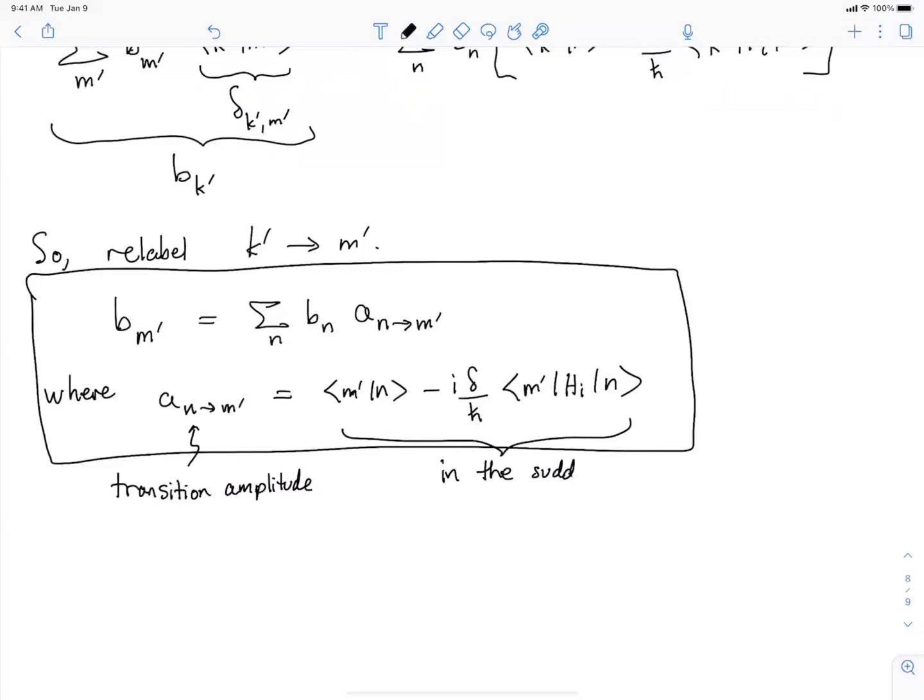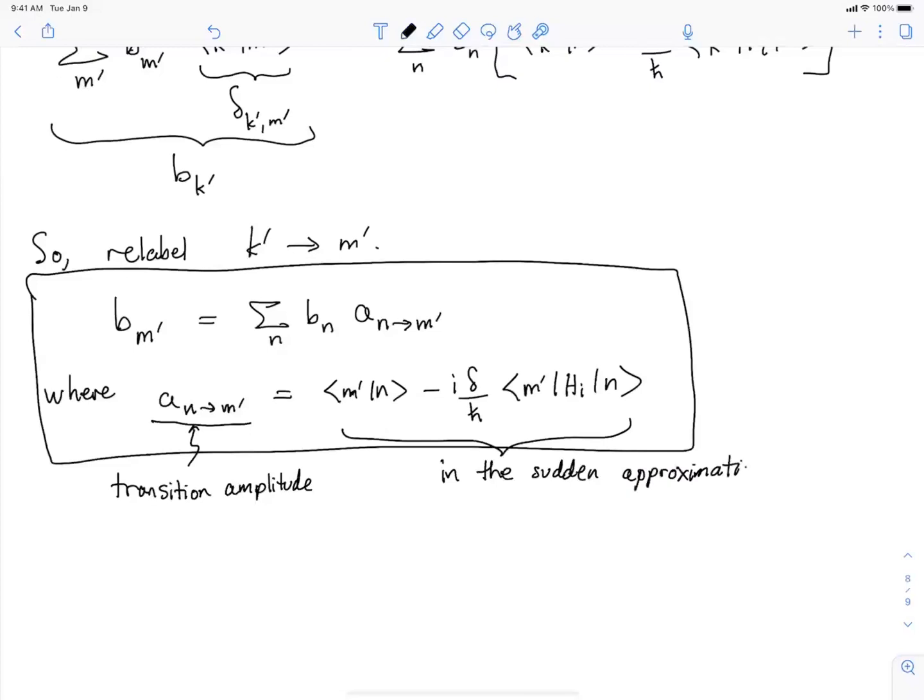What's with this n you said is the transition amplitude? No, the whole a sub n m prime is the transition amplitude. Okay. And so this expression on the right is what we got in the sudden approximation.